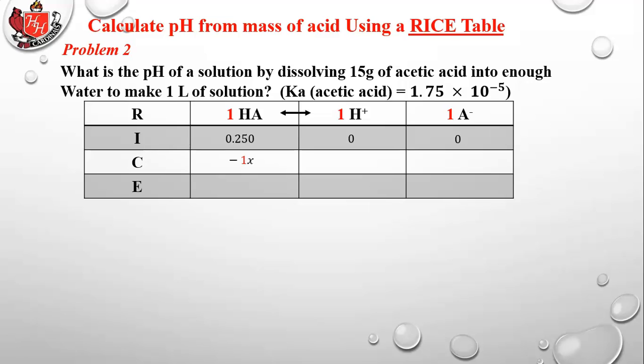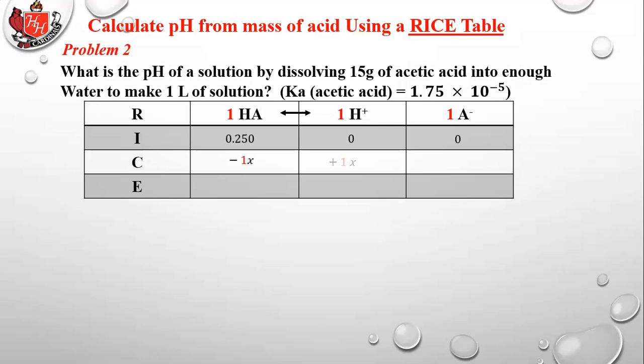Now remember how the change line is done? It's minus because on the reactant side, the left, you're decreasing the concentration, you're using it up. And the coefficient is 1 because up above, in the reaction, there's a 1 in front of the HA. So it's minus 1x.